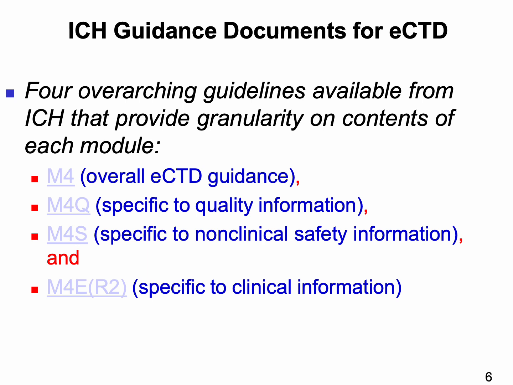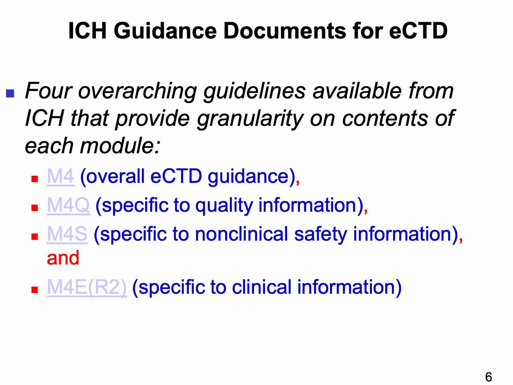We have 4 overarching guidelines available from ICH that provide granularity on contents of each module. So overall, if you would like to create your eCTD, you have to rely on and use ICH-M4, which covers overall eCTD guidance.